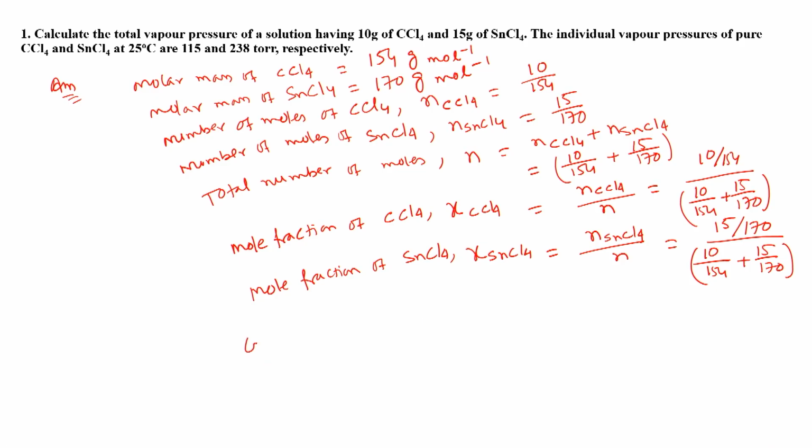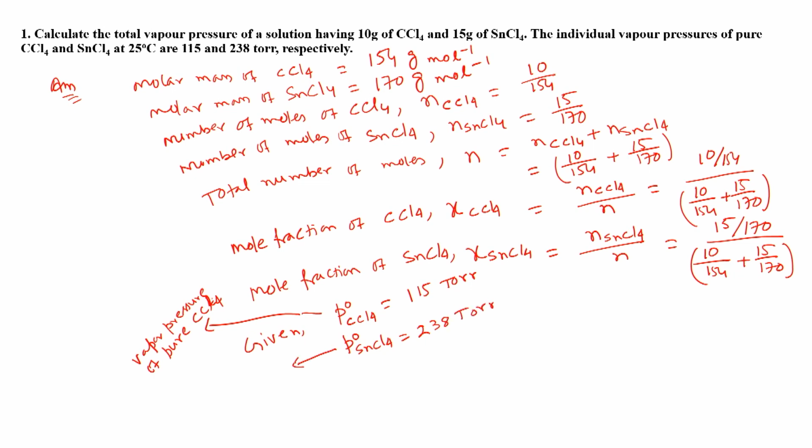Right. Now, given the individual vapor pressures of pure components: P naught CCl4, this is the vapor pressure of pure CCl4, is 115 torr, and P naught SnCl4, the vapor pressure of pure SnCl4, is 238 torr.